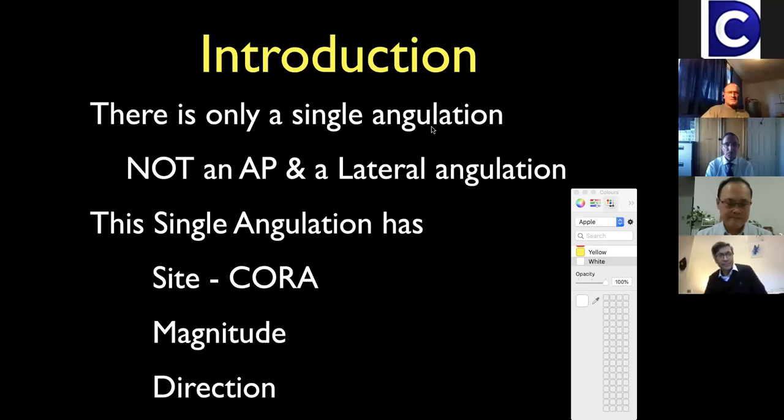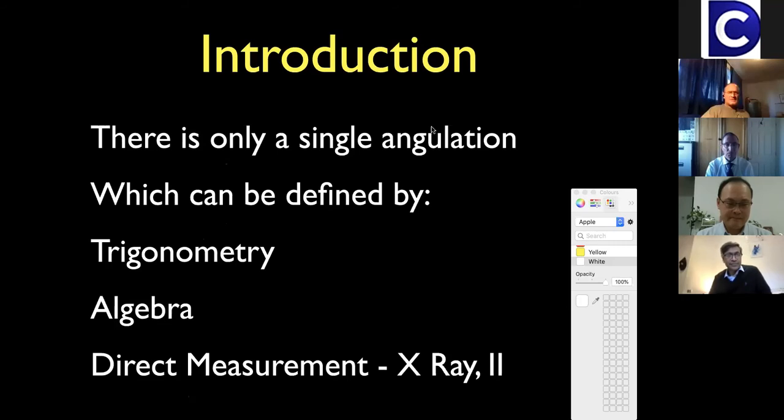You can define its site and its magnitude and its direction. And you can do it by trigonometry, by drawing lines and measuring them and using graphs. Those of us that are old enough can remember how to do it by algebra. Or you can, as Professor Zhang said, do it by direct measurement, either using an X-ray department or the image intensity in theatre. And it's fortuitous that I've got a picture which just complements his.